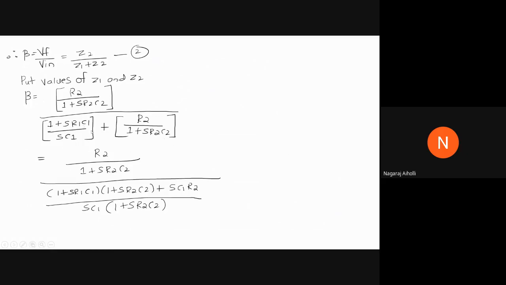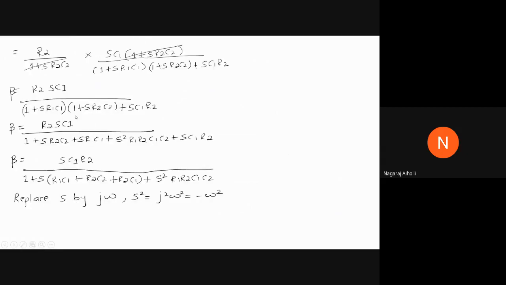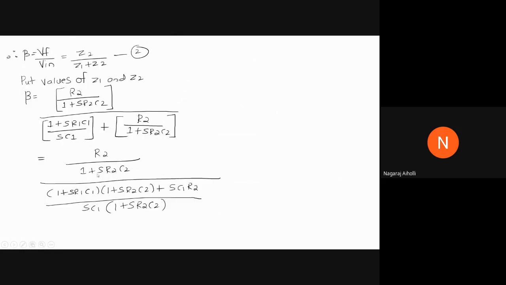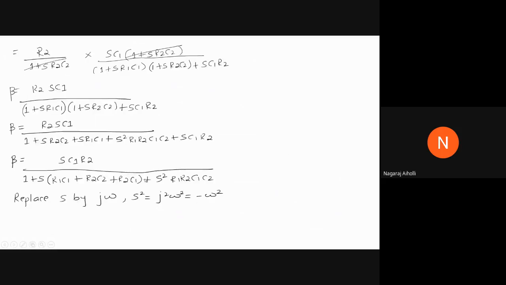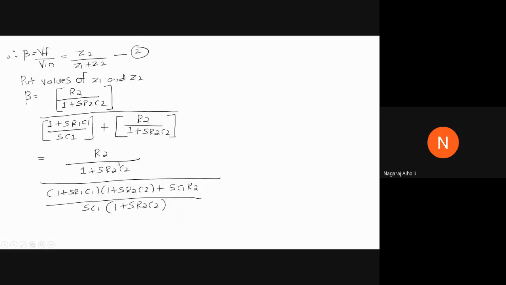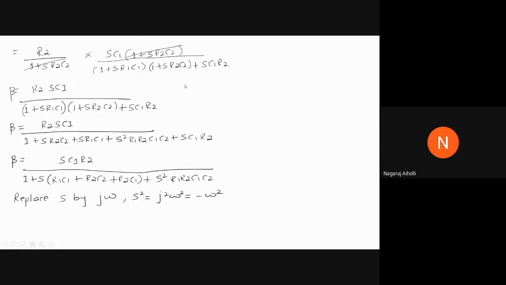So here, the first term is multiplied by (1 plus S R2 C2), plus R2 is multiplied by S C1, all divided by the LCM, S C1 into (1 plus S R2 C2). To simplify further, R2 divided by (1 plus S R2 C2) is cross multiplied with S C1 into (1 plus S R2 C2) divided by (1 plus S R1 C1) into (1 plus S R2 C2) plus S C1 R2.